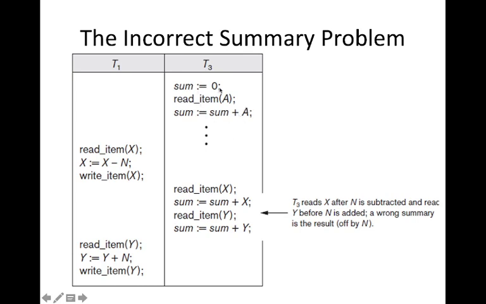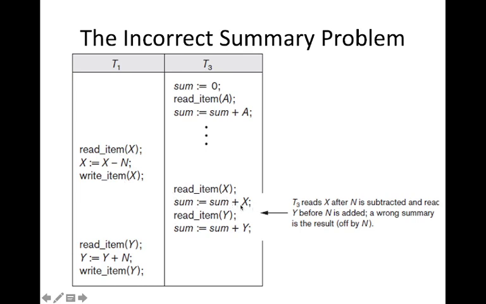So here read item A has been done, and sum becomes sum plus A. Like this, it is summarizing all the items that are being read. Then transaction T1 comes in. Read item of X is performed, X equals X minus N is done, then write item of X is done. So this read item should be updated in the summary also. So that is being updated here.